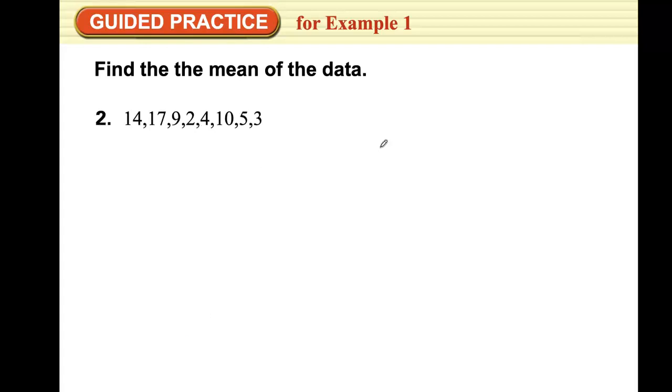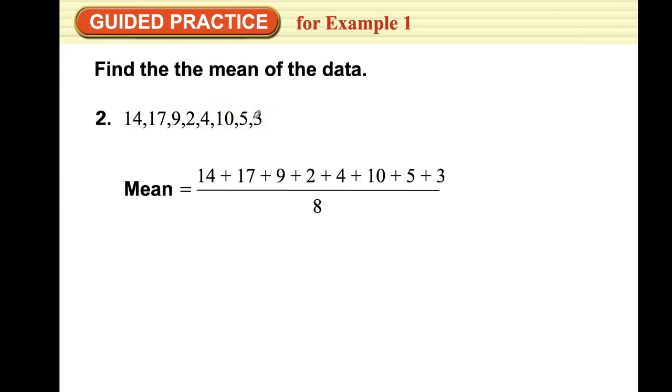Let's try another one. Here's another set of data. Again, I have 14, 17, 9, 2, 4, 10, 5, 3. What I would do is add that up, and count my numbers. How many numbers do I have? I have 1, 2, 3, 4, 5, 6, 7, 8.